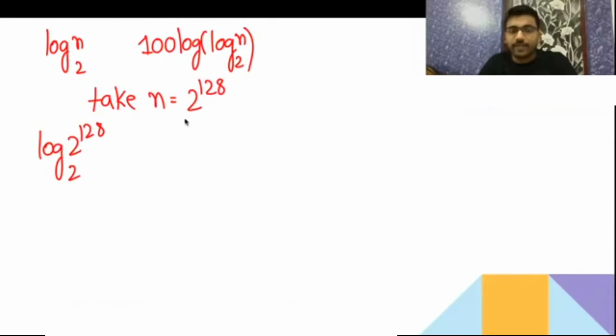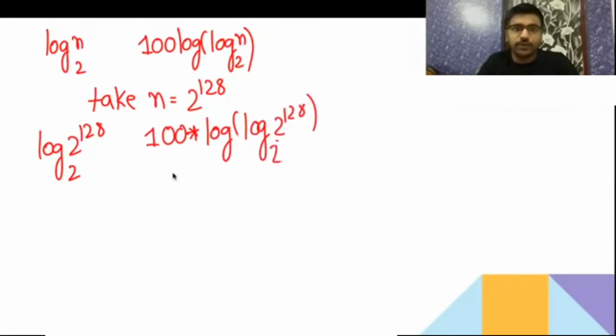See, I am taking an incorrect value of n just to explain why I am telling you to take the bigger one. Then you take here 100 times log of 2 to the power 128 base 2. It will be 128, because of the power, and log 2 base 2 is going to be 1.